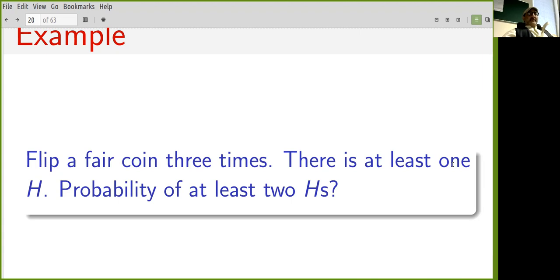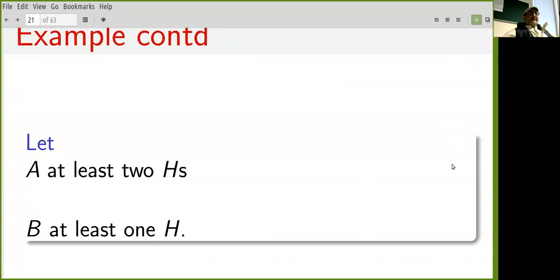There are 8 equally likely outcomes. How many of them have at least one H? Well, 7 out of 8, I think. At least 2 H's. Okay. Think about that for a second.